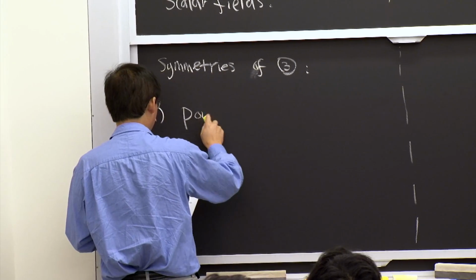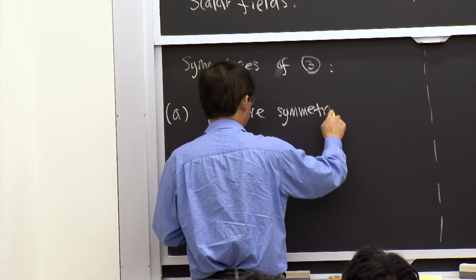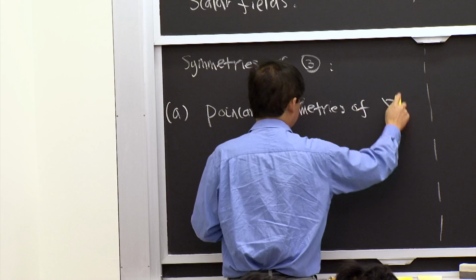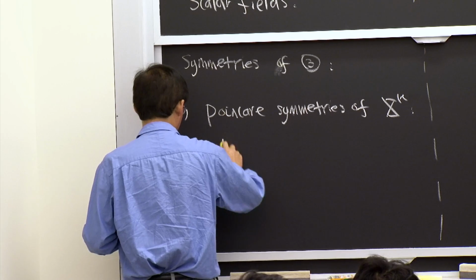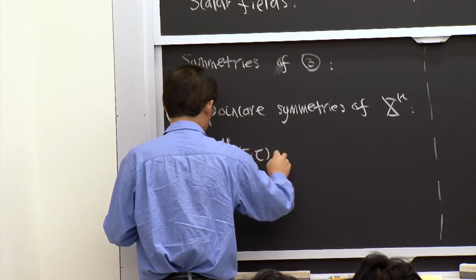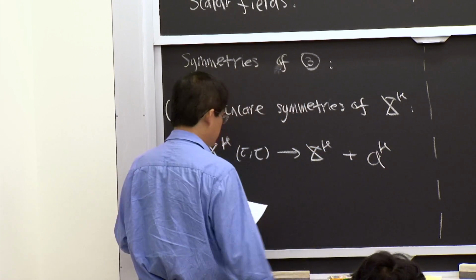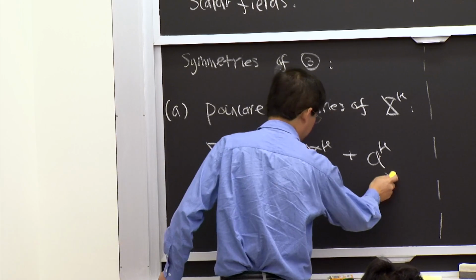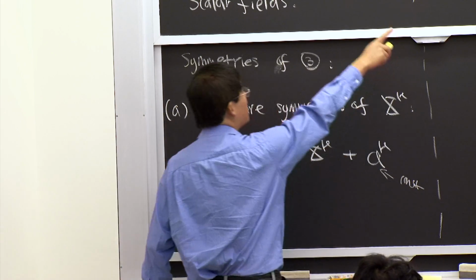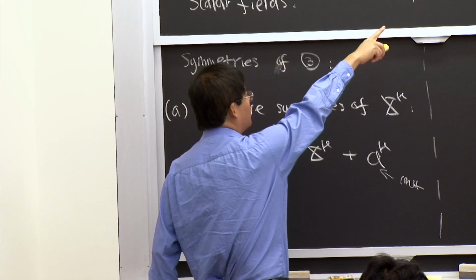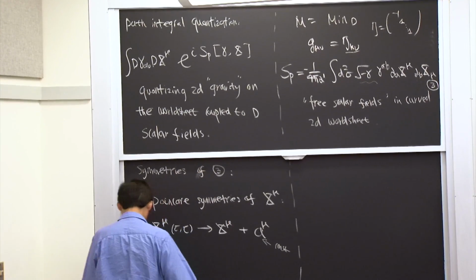First, we have a Poincare symmetry of x mu. In other words, this action is invariant if you take x mu to x mu plus a constant, say a mu is a constant. It's obvious this is invariant, because everything acts on x mu with a derivative. So if you shift x mu by a constant, of course that's a symmetry.